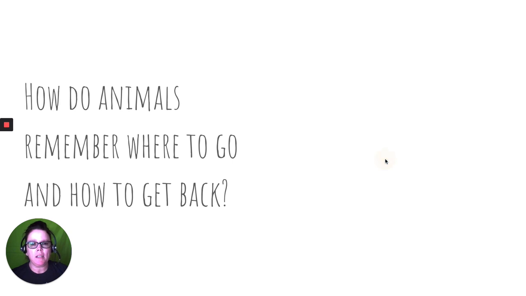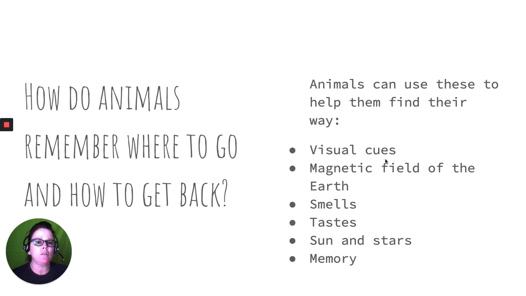Okay, did anybody think of these reasons? Animals can use these to help them find their way. They can use visual clues. They can use the magnetic field of the earth. So we saw that picture where they use the north and south pole, and the animals can actually feel that in their bodies, and that helps them make sure they go the right direction. They can use smells, tastes.